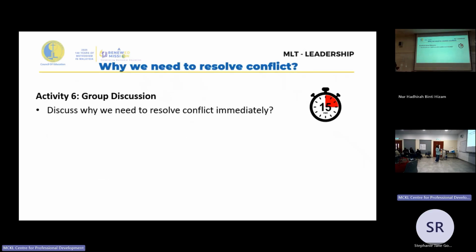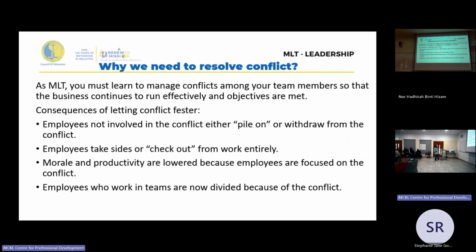As MLT, you must learn to manage conflict immediately. What is the reason? Because if you don't solve the conflict, there is pile on. Employees not involved in the conflict either pile on or withdraw from the conflict. So what's the meaning of pile on? There's a conflict between Natasha and myself. So now, when there's a conflict, it's only involving 2%.